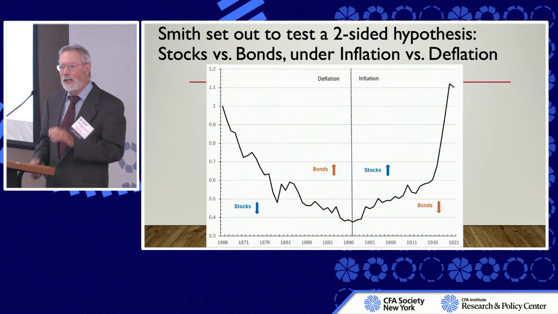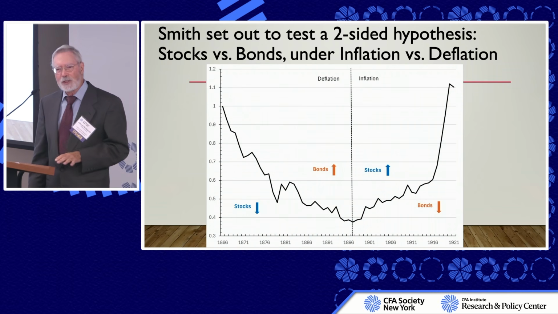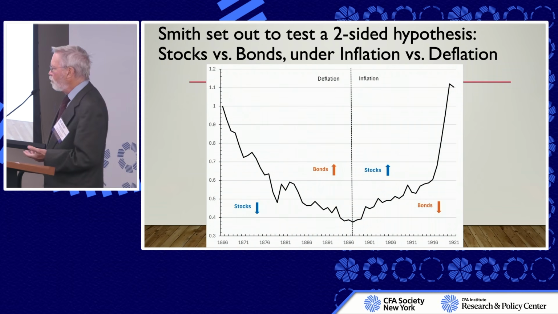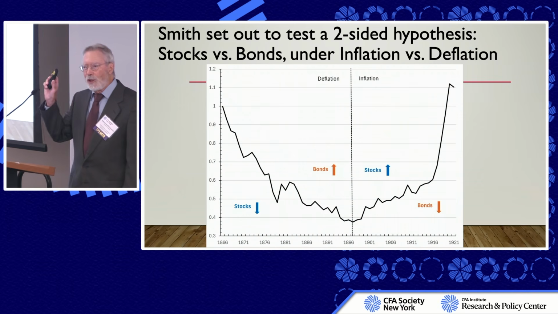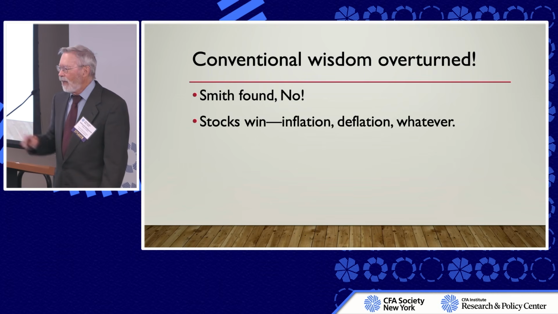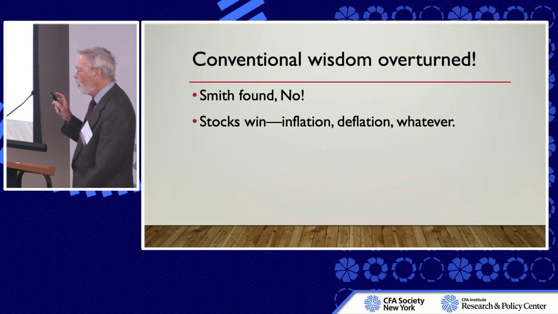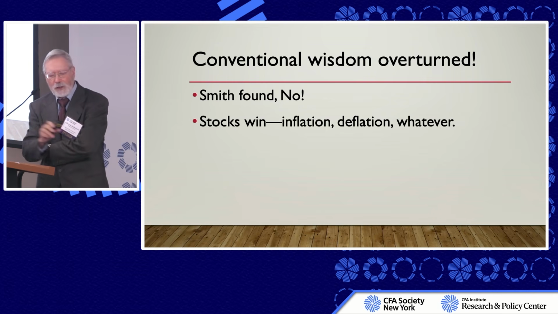Conventional wisdom was you have deflation, bonds win, those coupons are worth so much more, stocks tank because prices keep falling. But under inflationary conditions, it's the reverse. So this was actually what Smith set out to test. And he felt, this is why he published his book, that he had overturned the conventional wisdom. No, stocks win, inflation, deflation, whatever.